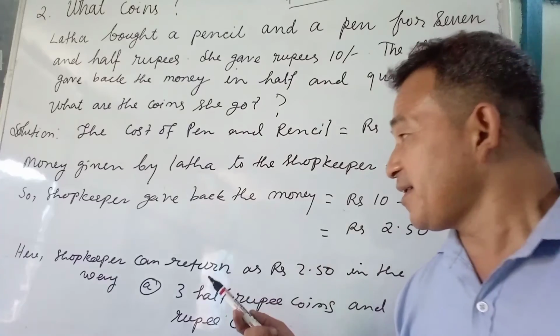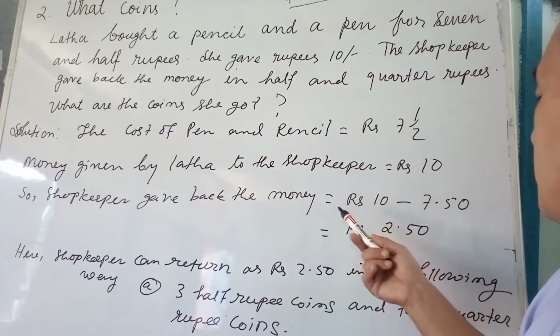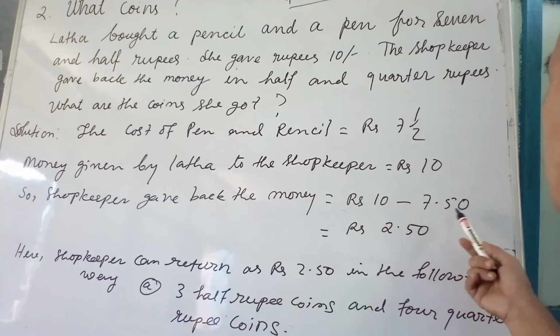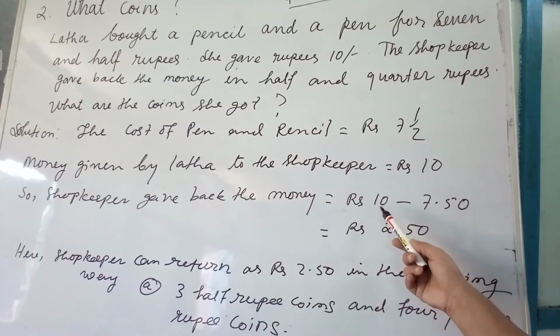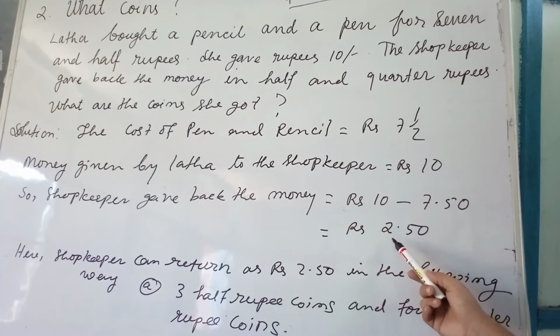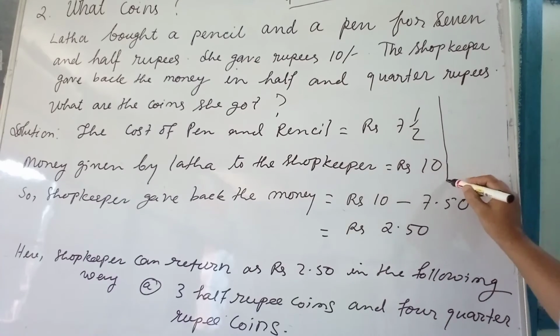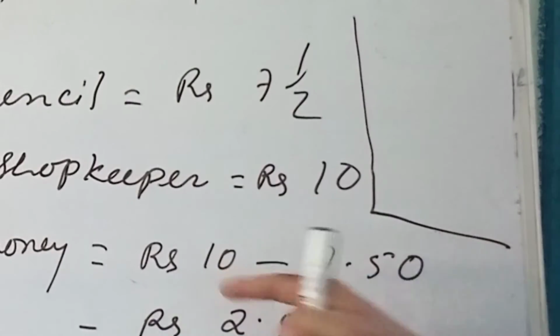So how much money did the shopkeeper give back? That is equal to 10 rupees minus 7 rupees 50 paise. If you subtract 7 rupees 50 paise from 10 rupees, you will get 2 rupees 50 paise. Now I want to show you how. This is 10. How to subtract 7 rupees 50 paise from 10?